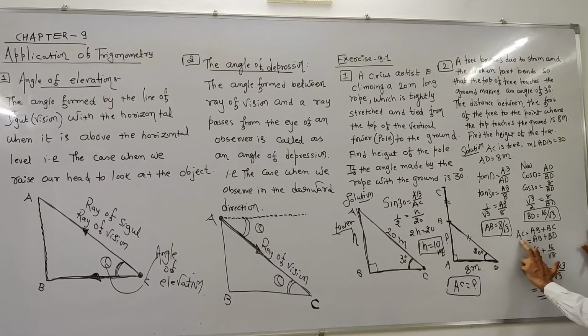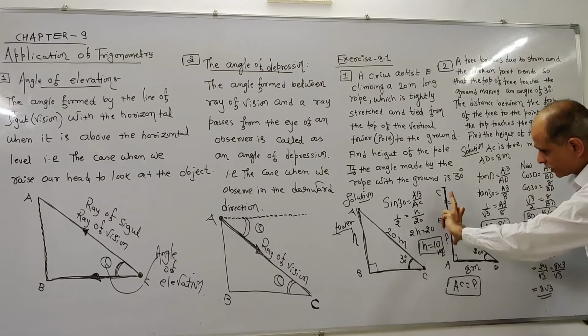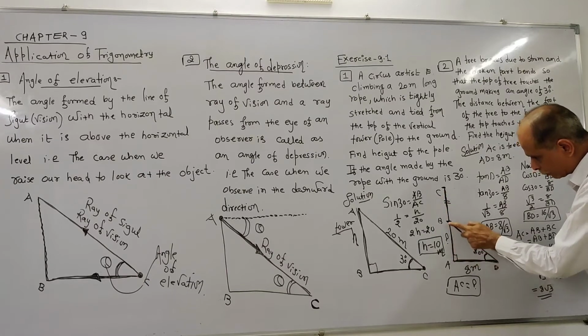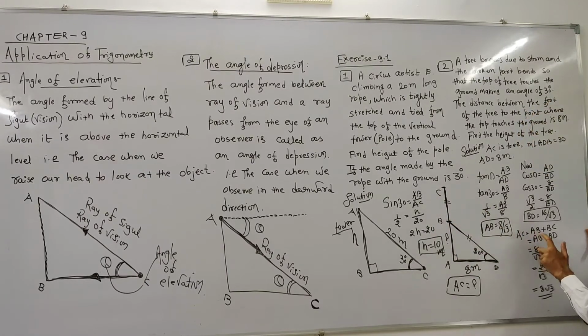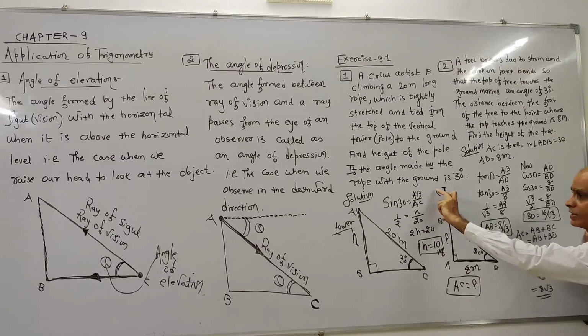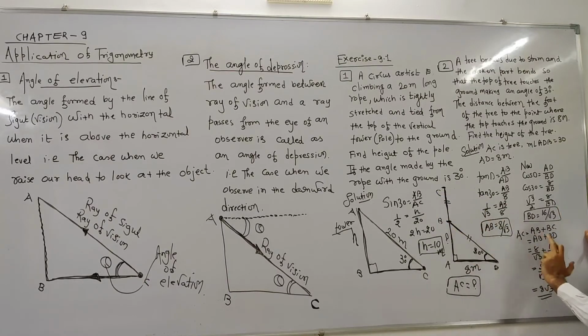Now your aim is to find out the value of AC. Now AC, the height of the tree, is equal to AB plus BC. But BC is equal to BD. So AB plus BD. The value of AB is 8 upon root 3, plus the value of BD is 16 upon root 3, and that's why you can write 8 plus 16, that means 24 by root 3.